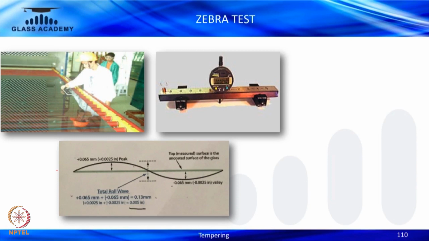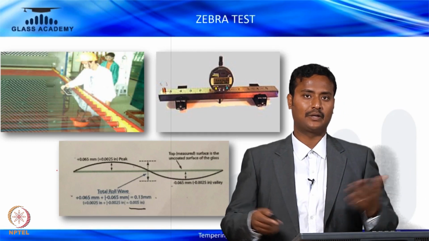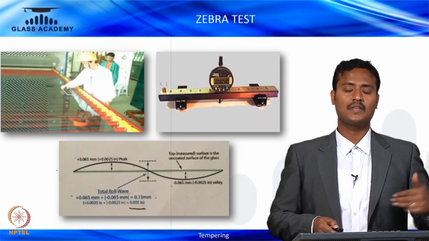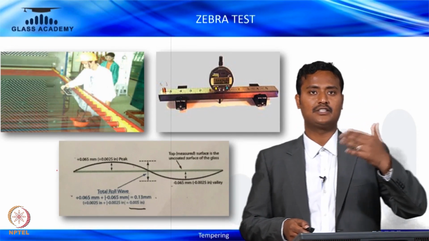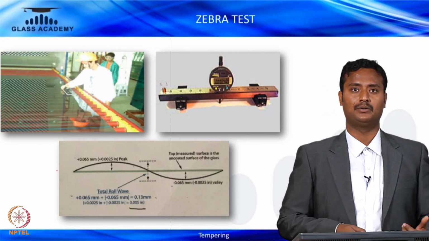Then you get readings of peak and valley distances, take the average, and calculate the overall roller wave. Roller wave can be tested either at lab scale or at the time of tempering.